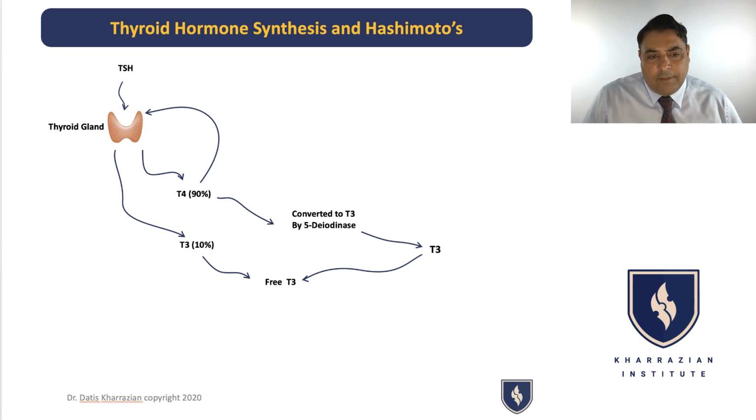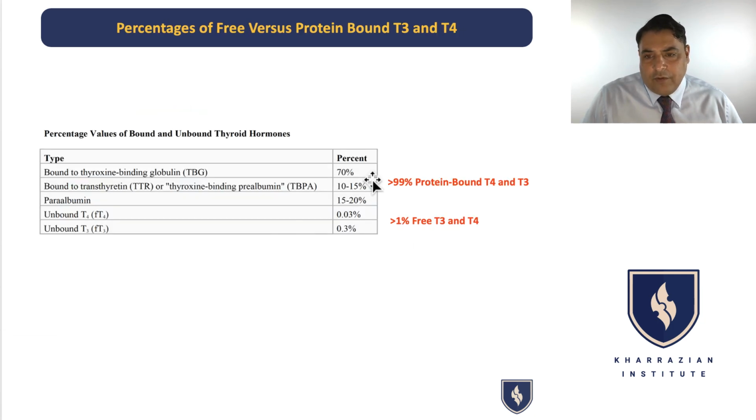When you're looking at the ratios, these are the percentage values of bound to unbound thyroid hormones. 70% of thyroid hormones are bound to thyroxine binding globulin, TBG. 10 to 15% are bound to transthyretin, or thyroxine binding prealbumin, 15 to 20% to albumin, and then less than 1% is free T3 and T4.